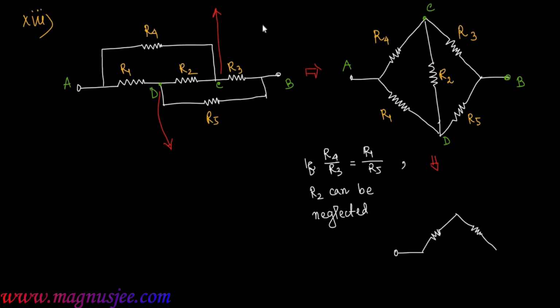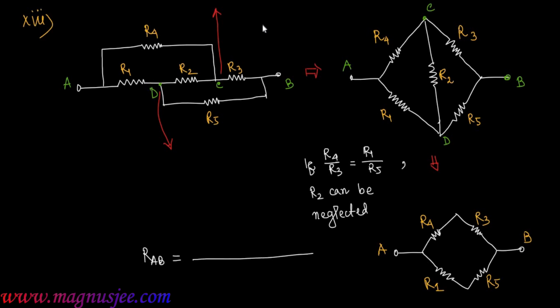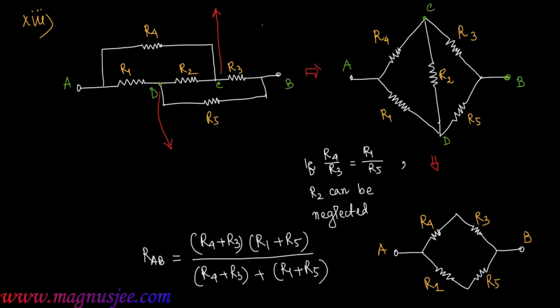And what will the equivalent circuit diagram be? In the upper branch R4 and R3 will be connected in series combination. In the lower branch R1 and R5 will be connected in series between the 2 points A and B. The equivalent resistance between A and B will be RAB, which will be [(R4 + R3)(R1 + R5)] / [(R4 + R3) + (R1 + R5)].